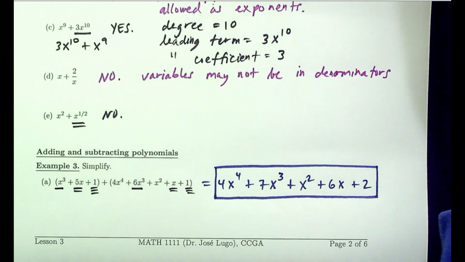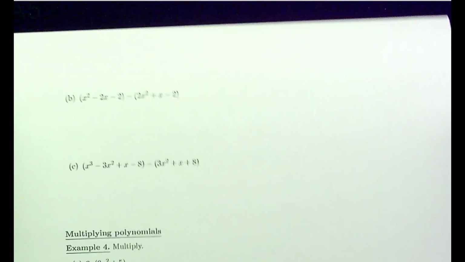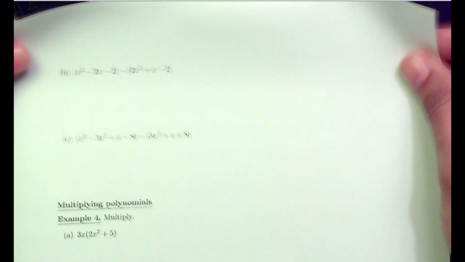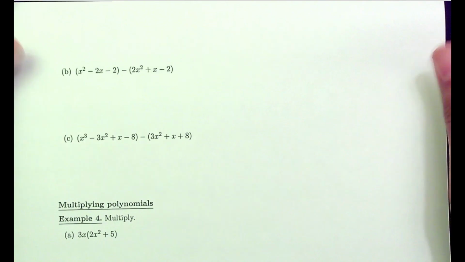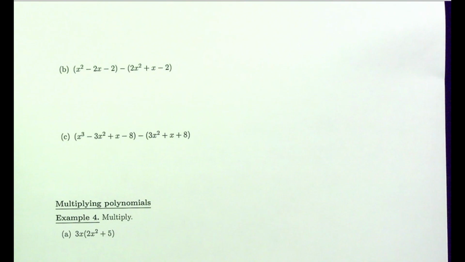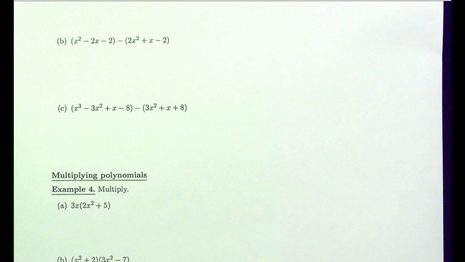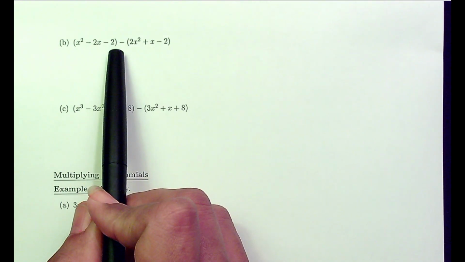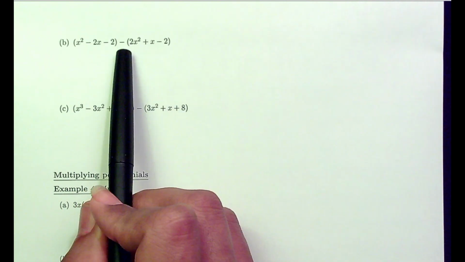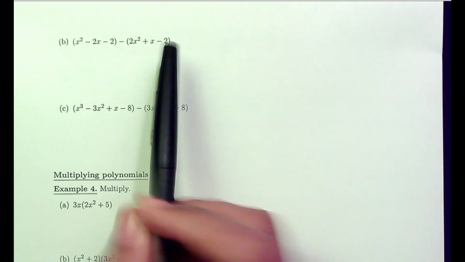Okay, subtracting polynomials requires that we change the subtraction to a plus and then change the signs. For example, this one says subtract these two polynomials. We're going to change that minus to a plus, and because the minus is in front of the parentheses, everything in that parentheses gets affected.